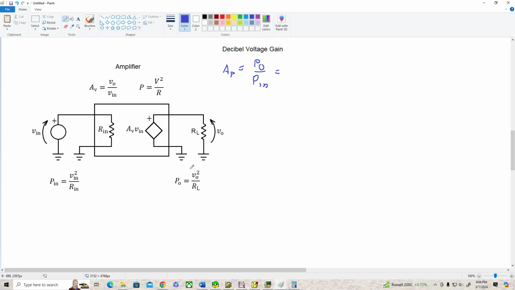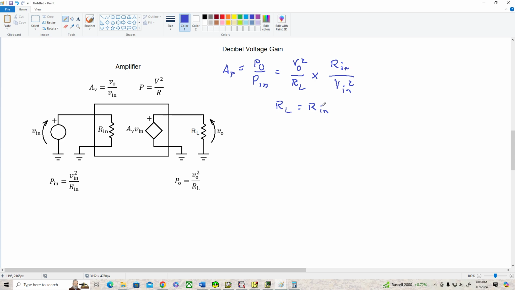So power out is V out squared over RL. And power in is V in squared over R in, but rather than divide by this, I'm going to multiply by the reciprocal, so that's R in over V in squared. Now, one of the assumptions we always make when we're working with decibel voltage gain is that RL equals R in.